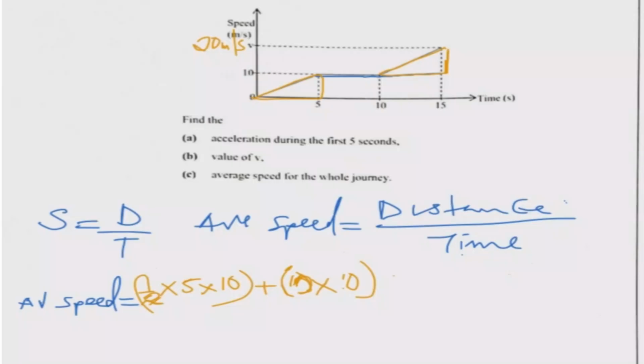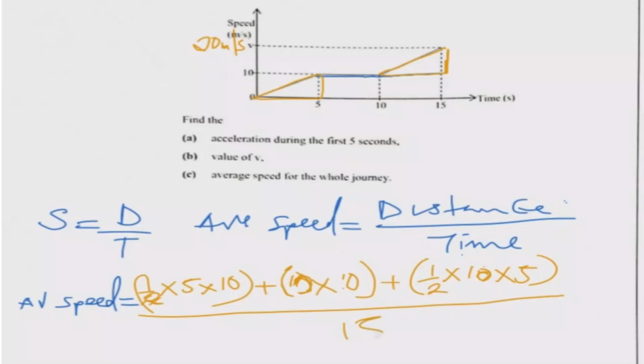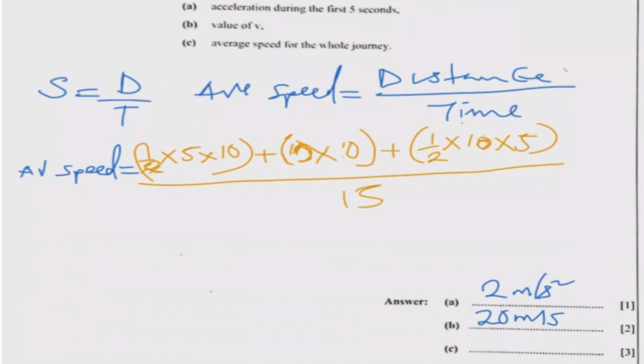So we can come up with an expression which is plus 1/2 times 10, then the base is 5, and the height is 10, so times 5, like that. Then the whole of that divided by the time that was taken, which is 15. The total time that was taken was 15. So we write what is on top, then divide by 15.